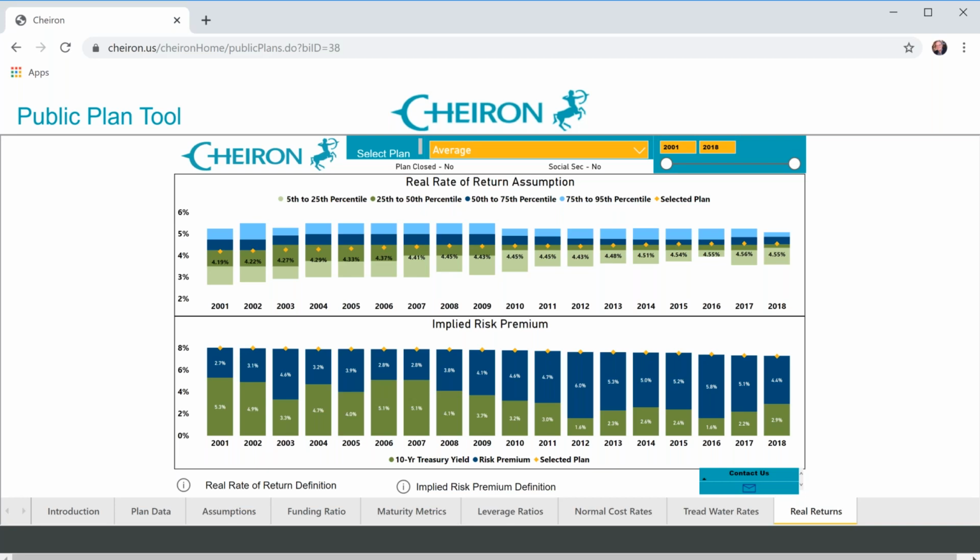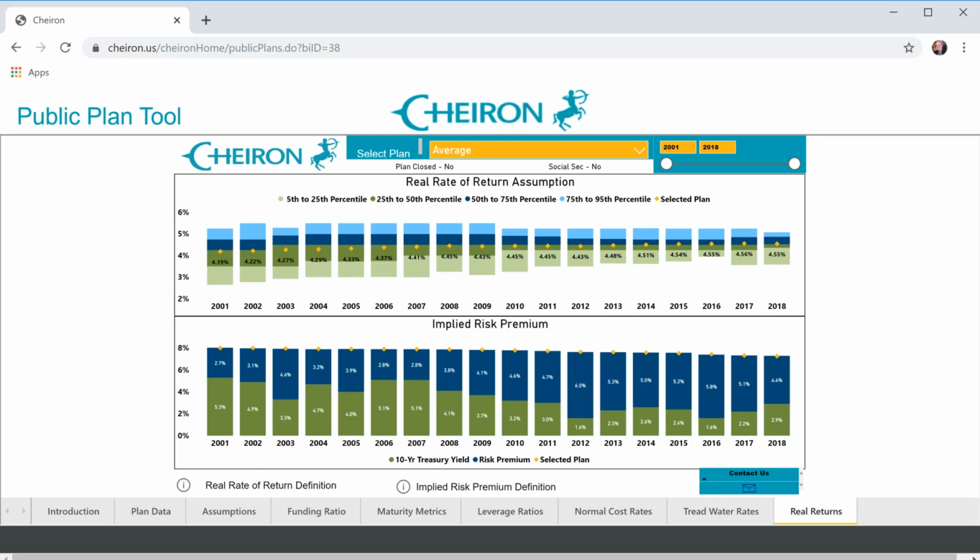But if you fast forward to 2018, the average plan dropped its discount rate all the way from 8 to 7.25%. But the yield on the 10-year treasury has dropped even further to 2.9%. So the average plan now has to take enough risk to beat the 10-year treasury by 4.4% instead of 2.7%.